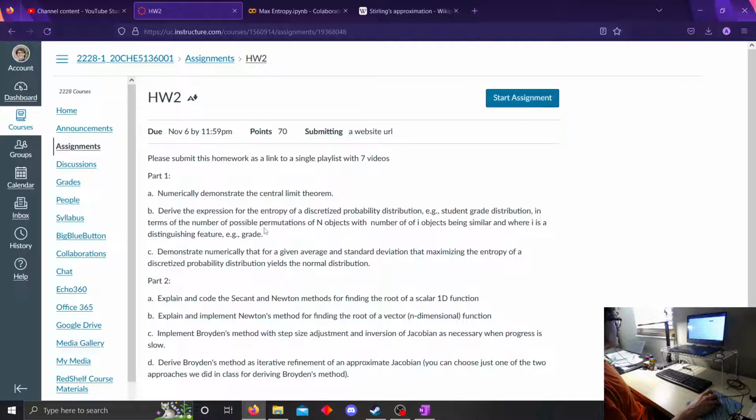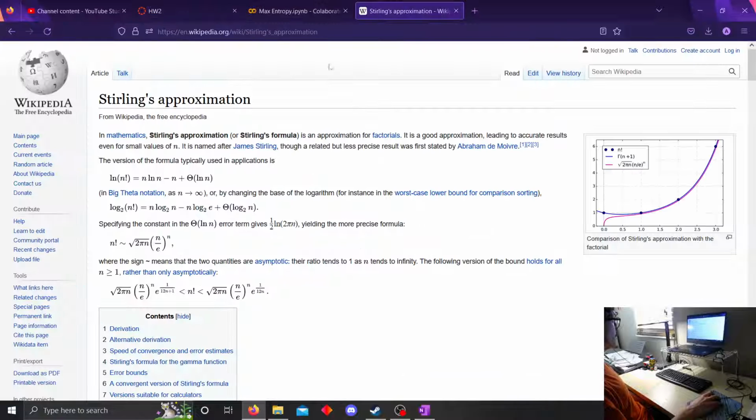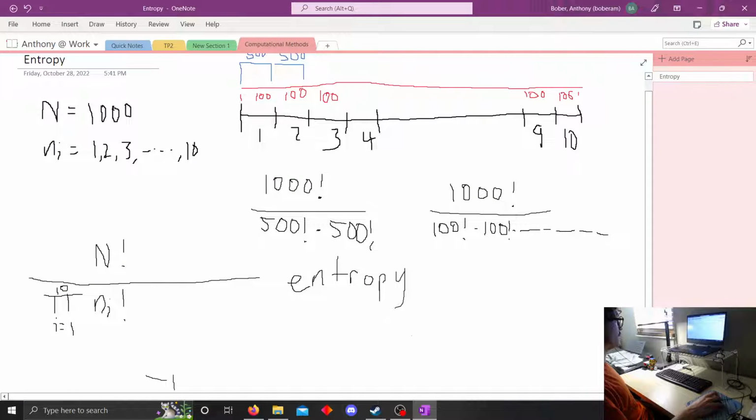So we're going to use this cool thing called Stirling's approximation, which says that the natural log of n factorial is equal to n times the natural log of n minus n, plus an error term, which we're just going to ignore for now. So the natural log of n factorial equals n times the natural log of n minus n.